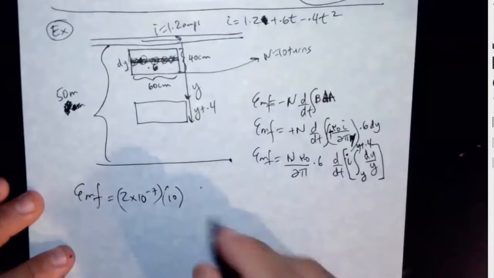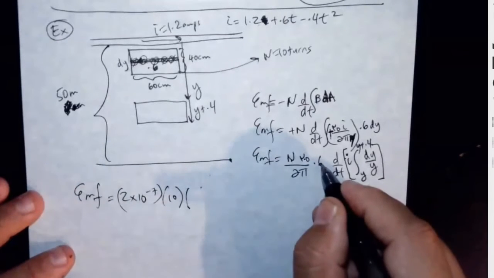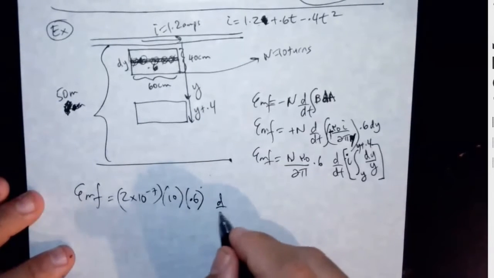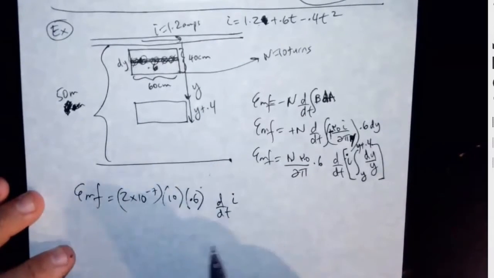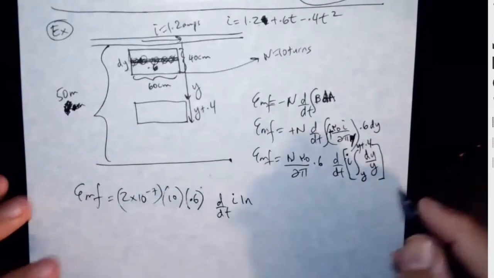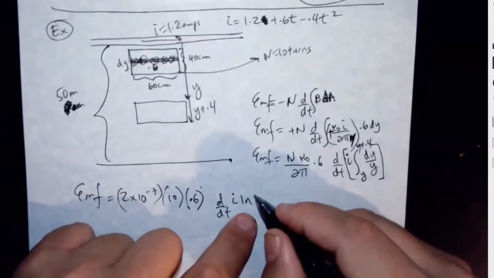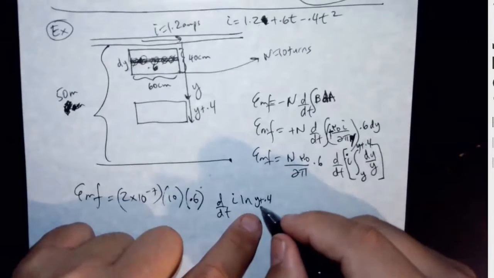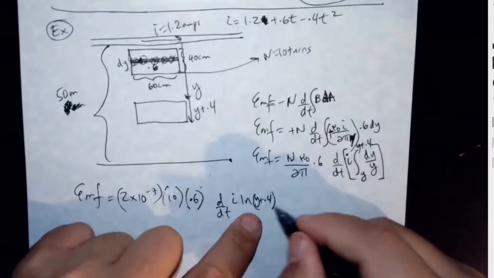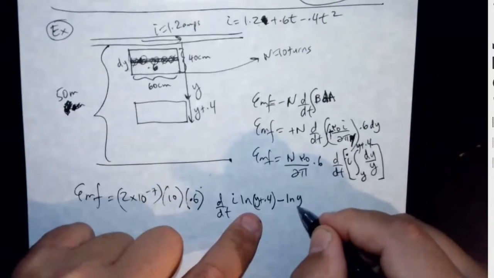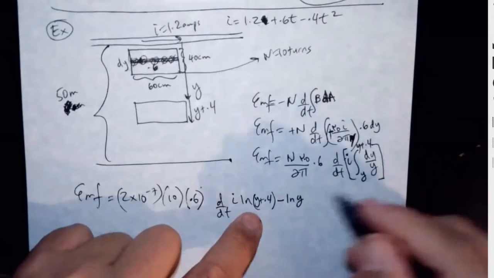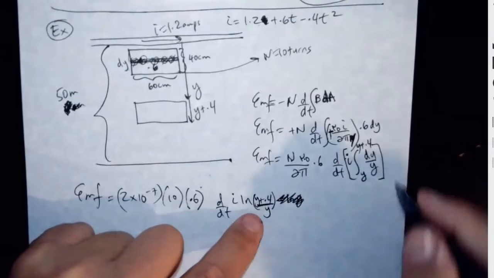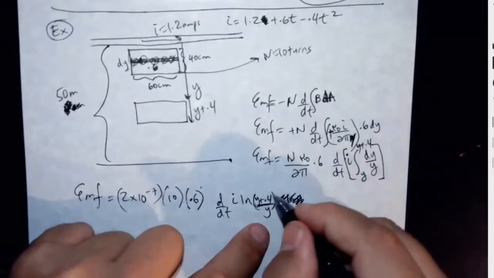Okay, then 0.6 was the length. d by dt times I, and then this is ln of y plus 0.4, right? I'm just going to write it this way for now. Oh, you know what? I could just do it this way. ln of y plus 0.4 over y.